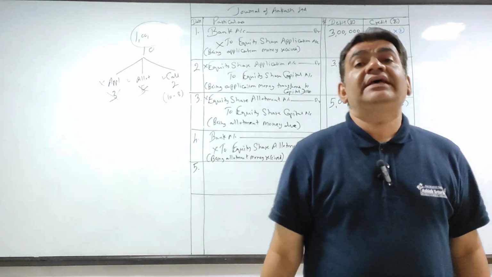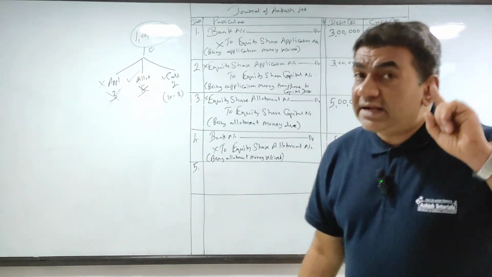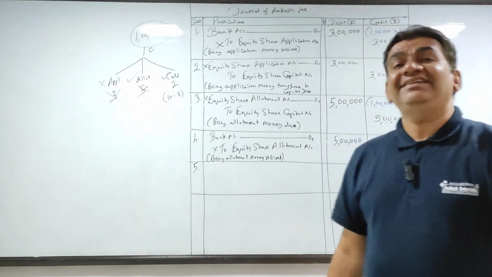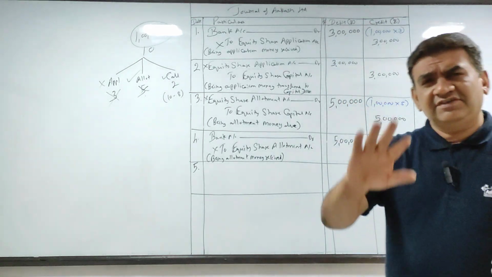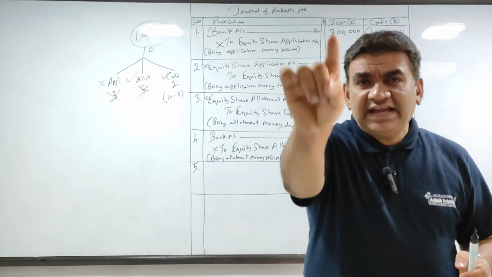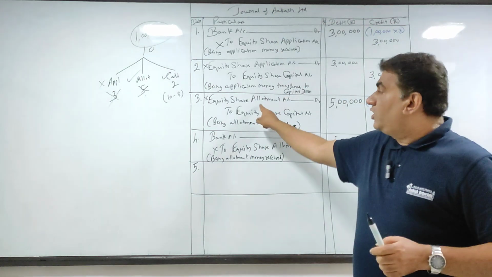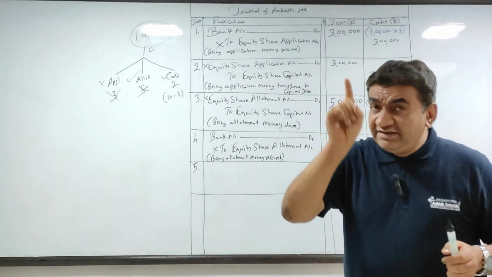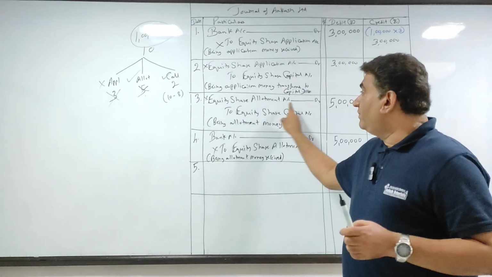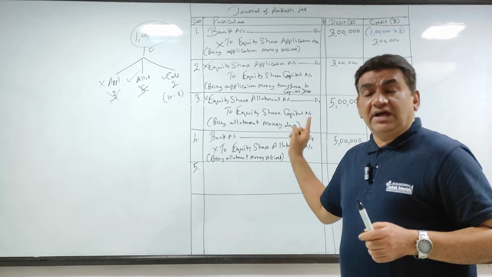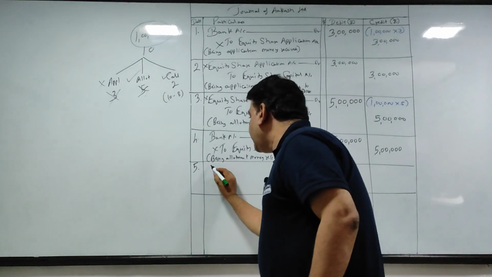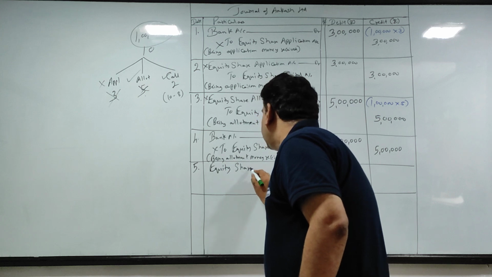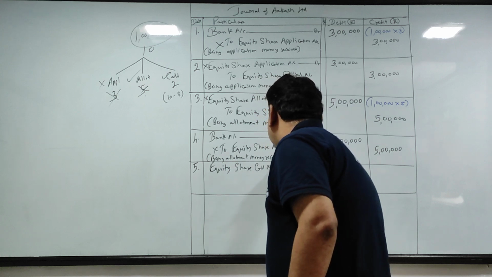I am giving a reminder, asking them to pay, money has not come yet. Now see, very simple. When I give them a reminder to pay allotment money, I debit equity share allotment. When I give them a reminder to pay call money, I debit equity share call account.